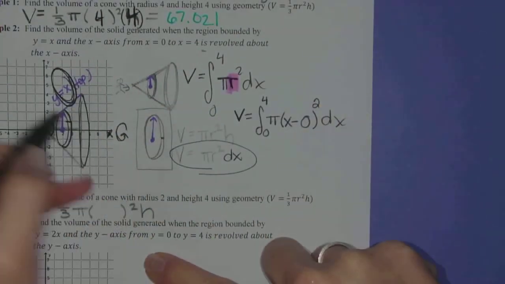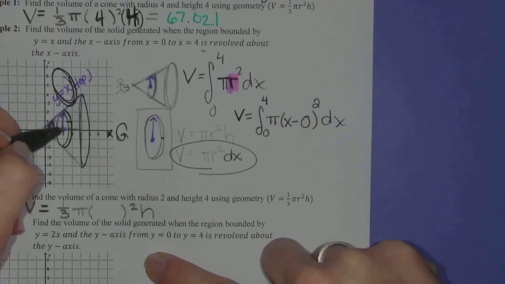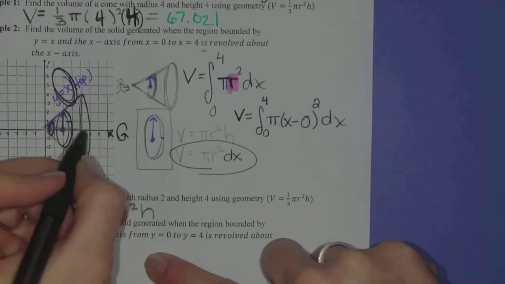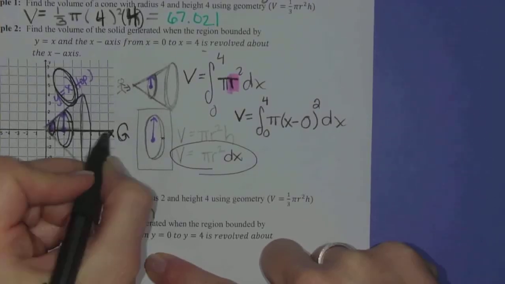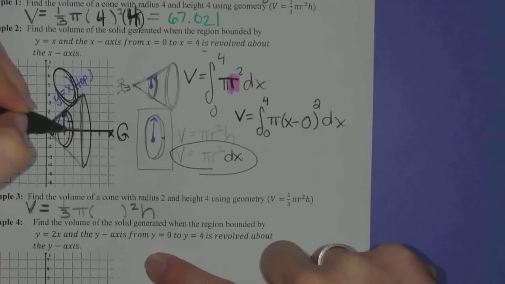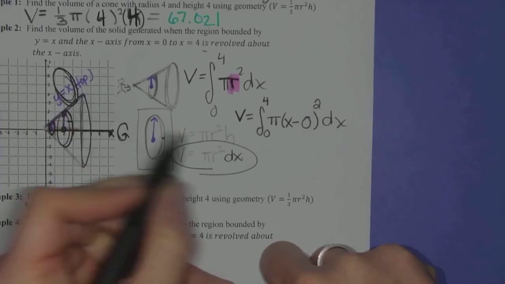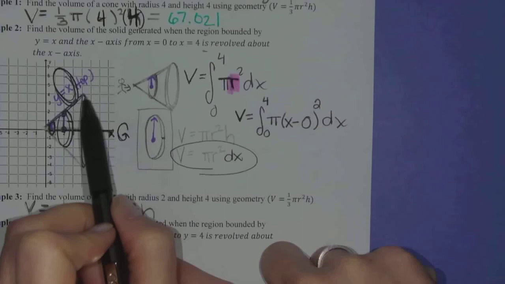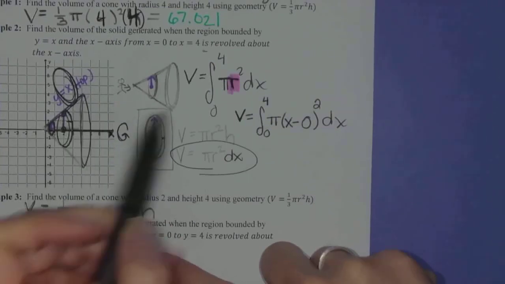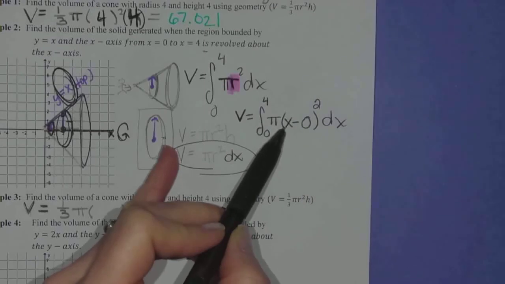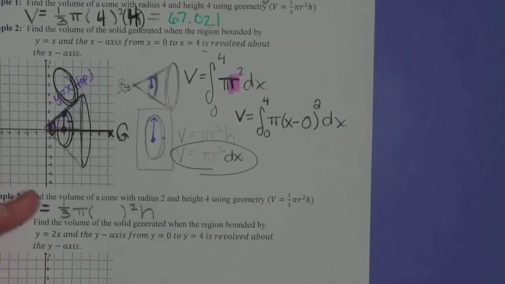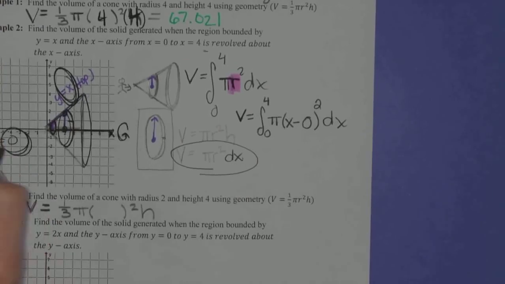Well, since the distance between this line and the x-axis would really be the top function minus the bottom function, we want to think of it as such. We definitely want to do top minus bottom to get that distance. So I'm going to put the top function minus the x-axis, which is just the line y equals 0. That's where I'm getting the 0.